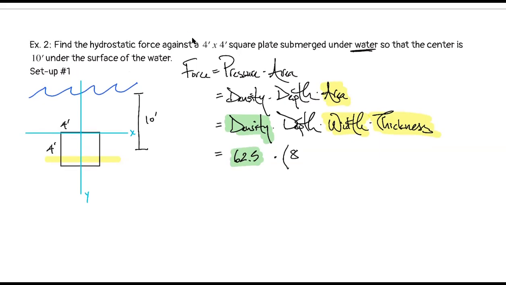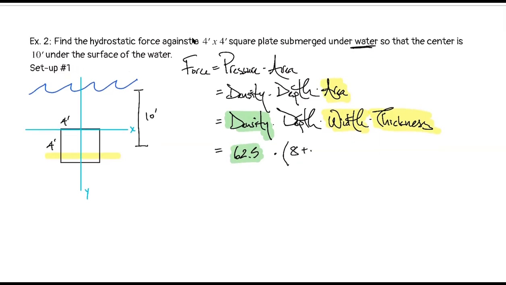So to my 8, I add Y, because that will get me the extra distance of the square. Okay, so the depth here is 8 plus Y.